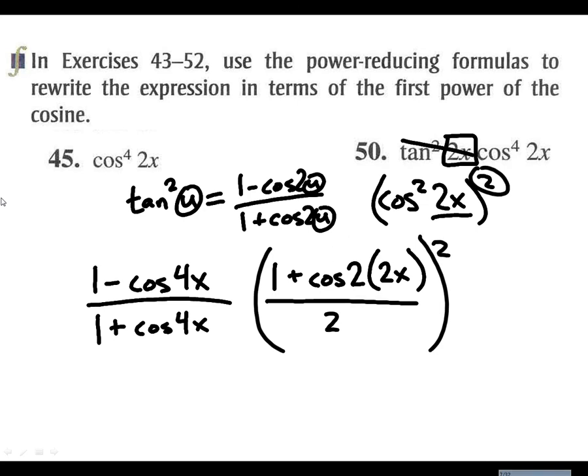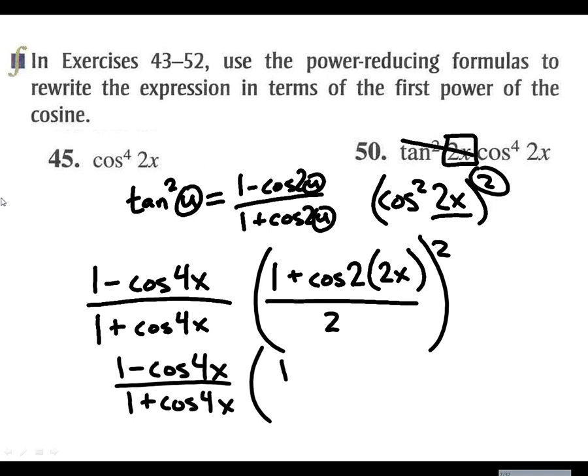All right, so if we clean this up a little bit, we've got, from the tangent, 1 minus cosine of 4x over 1 plus the cosine of 4x, times, get rid of this parentheses here, times 1 plus the cosine of 4x squared over 4, 2 times 2.